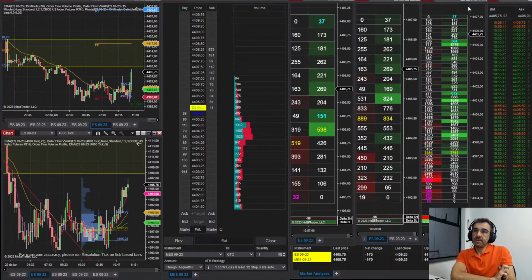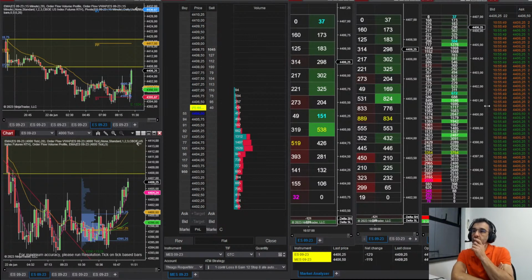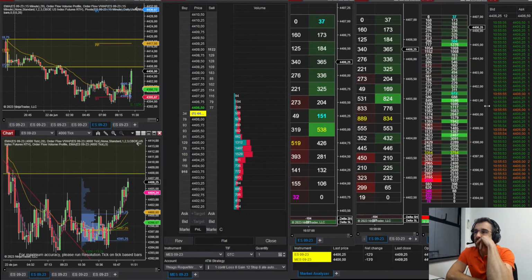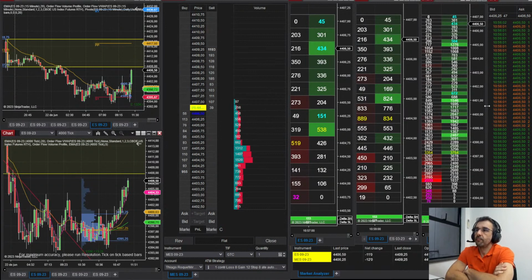If we see prices moving below the 5 and see selling absorptions here, then we could see price moving downwards. But so far, what we're seeing is that buyers are stronger. They keep putting pressure.